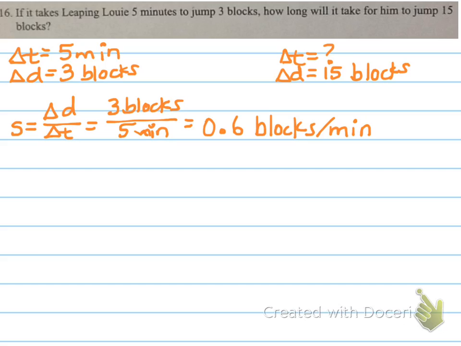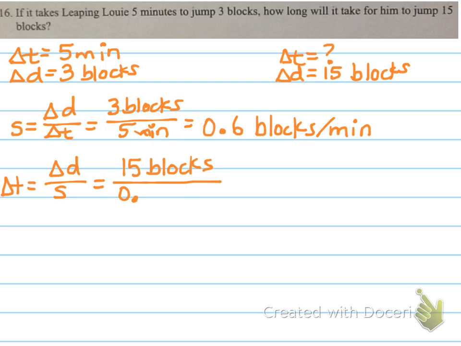Now we'd want to know the amount of time it takes him. So that's going to be the change in distance over his speed. I'll use an S there, this S. So his change in distance is 15 blocks divided by his speed, which is 0.6 blocks per minute.